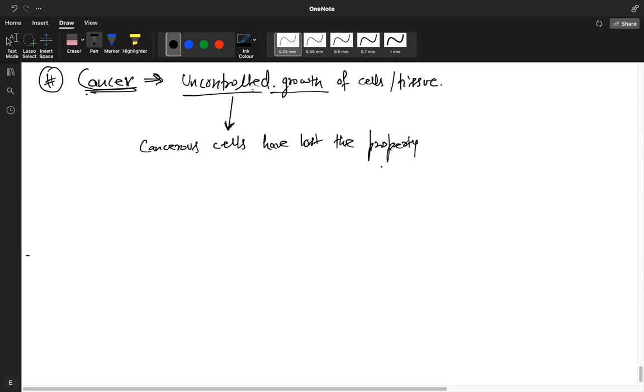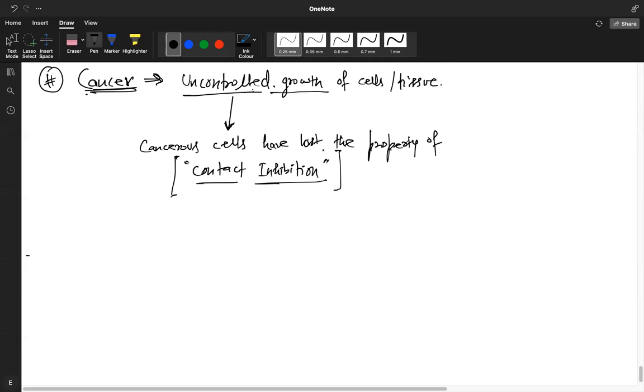If you want to understand contact inhibition, it means, as the word suggests, whenever two cells come in contact with each other and their membranes or boundaries touch, there is a signaling between the two, and it means that now there is no further scope for dividing or growing bigger and bigger. That's called contact inhibition. This property keeps our organs in shape, keeps all the linings intact, everything in place.